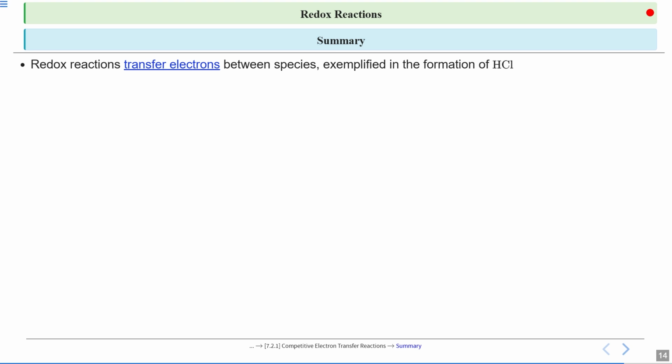So now let's summarize all the concepts that we have studied till now. The first one is that redox reactions transfer electrons between the species. That means between the species that are present in the reactant and in the product, the transfer of electrons takes place.